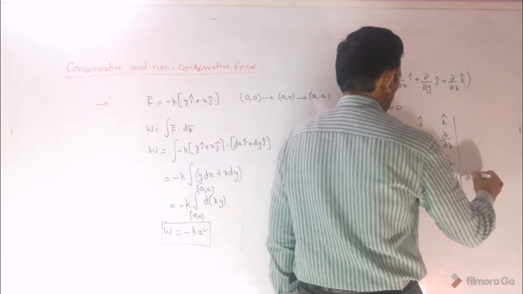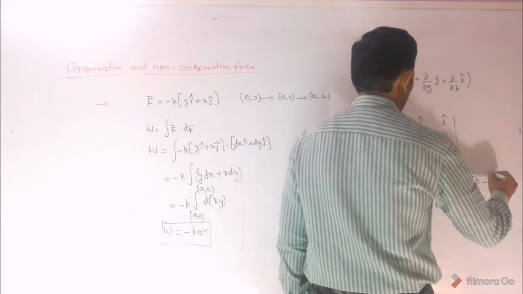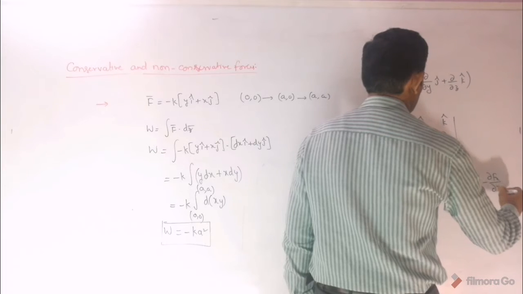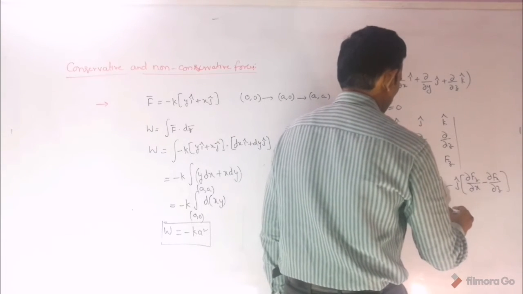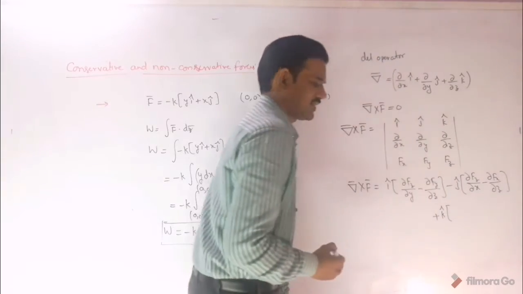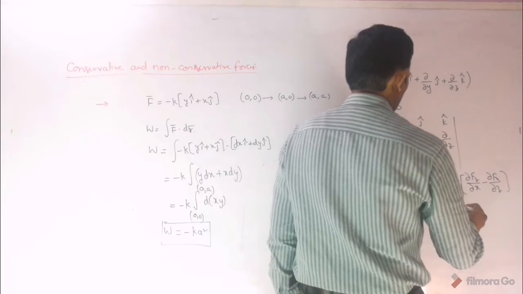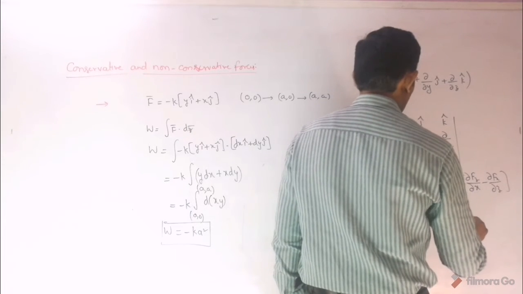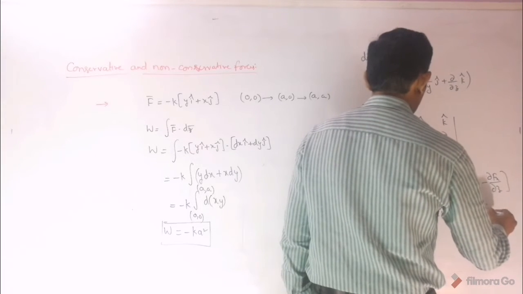dou Fz by dou x minus dou Fx by dou z, plus k cap into the remaining terms, dou Fy by dou x minus dou Fx by dou y.